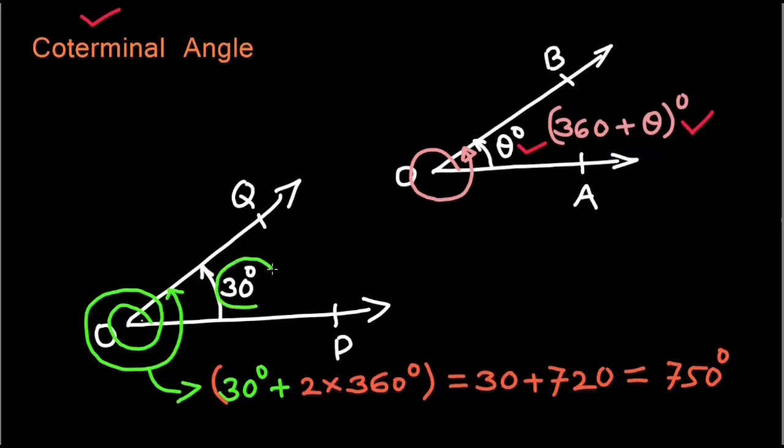So this 30 degrees and this 750 degrees are called coterminal angles because the positions of their initial arm and terminal arm are the same, but their measures are different.